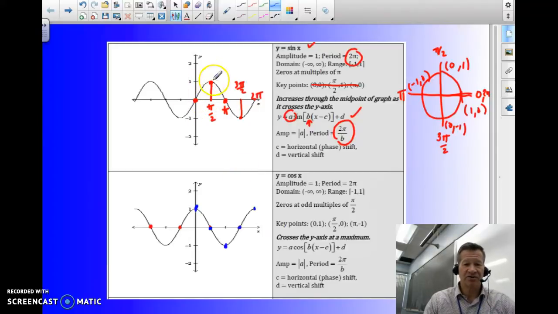Because they're similar, what you want to remember is the parent function for sine should increase right through the origin, or we'll say the equilibrium. Okay, it's going to increase right through that midpoint of the graph, whereas cosine crosses the y-axis at a maximum. And those are going to be some things you want to realize. All right, let's get on to it.